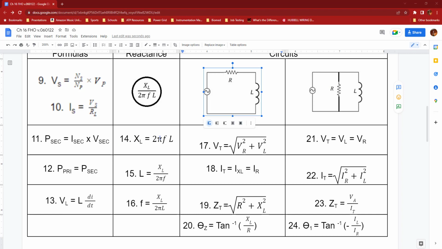But my main point here is, when you're doing a parallel circuit, do not use formulas 17, 18, 19, and 20. I'm going to show you in a minute, as we're doing the calculations for this circuit, how easy it is to use one of these formulas over here whenever you're solving your parallel circuit. So 17 through 20 is only for series complex. 21 through 24 is only for parallel complex. Make sure you remember that. Very important.